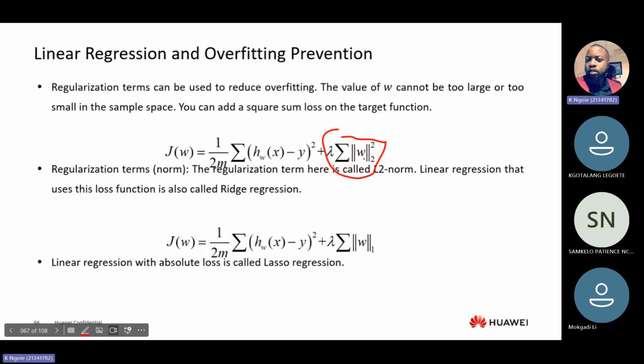Remember, these W's, the weights, are parameters. They are not hyperparameters. Why am I calling them parameters? Can anybody help us?